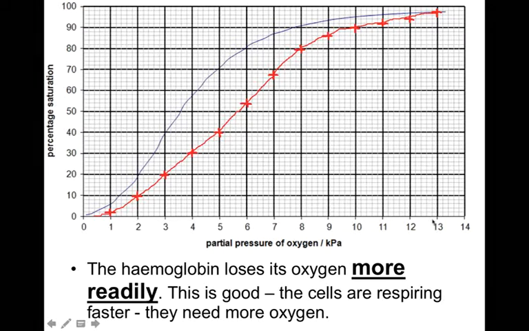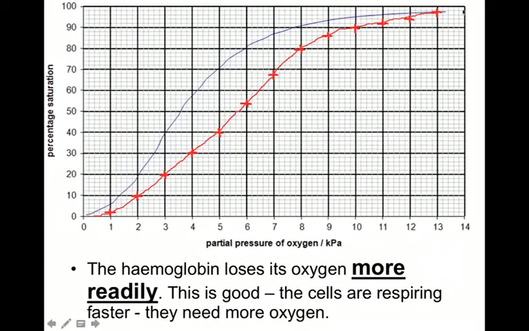The reason being is the partial pressure inside the lungs is much higher than this. These values here, between 12, 13 and 14, aren't, in real terms, the partial pressure in the lungs. It's much higher than that.